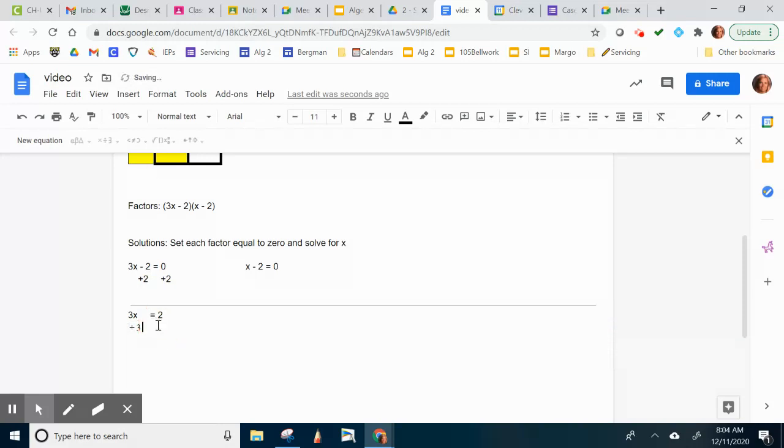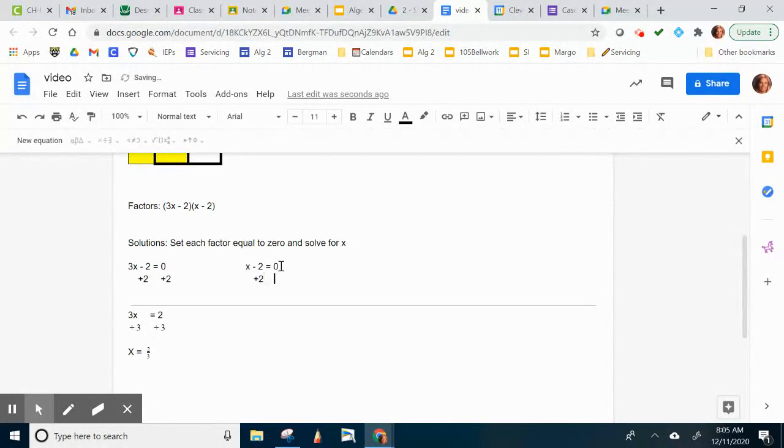So when I do that, I'm left with x equals 2 over 3. If you want to put it in the calculator and get 0.666, that's fine. I am happy with it in fraction form, 2 over 3. So that's one of our solutions. Over here, for this other factor, when we set it equal to 0, we're going to do the same thing, add 2 to both sides because we want to get x by itself.